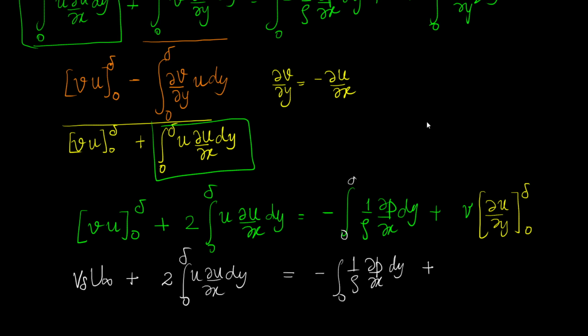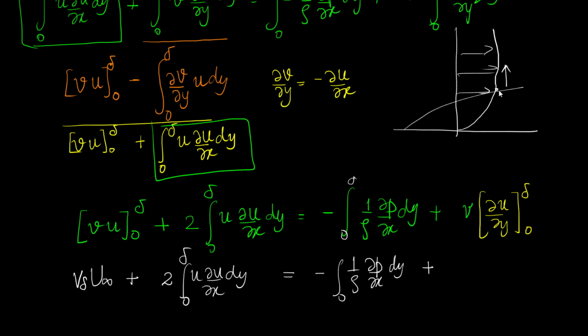When we are at the edge of the boundary layer, the whole premise was that the velocity profile does not change. So at delta there is no more change, and this simply reduces to minus nu del u del y at 0.